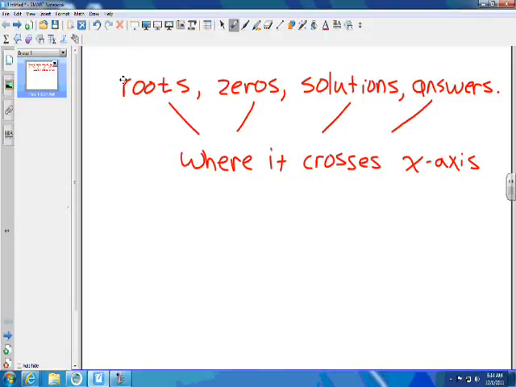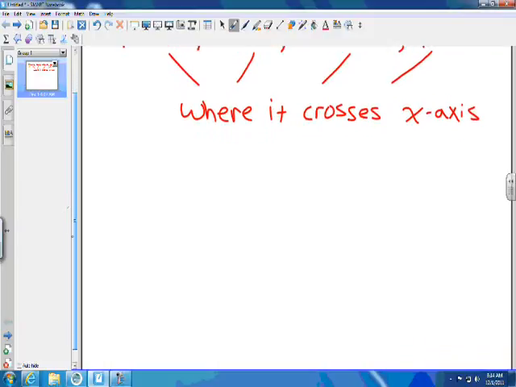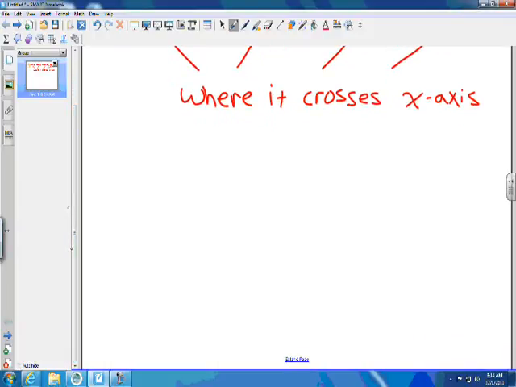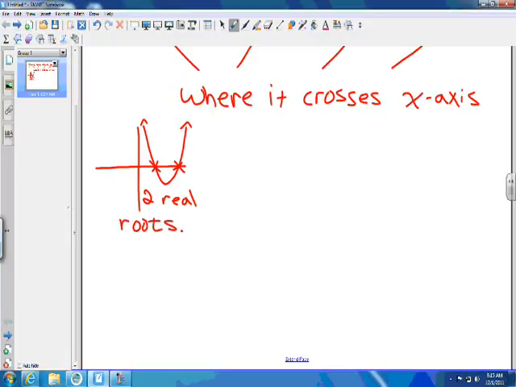Next thing to cover is at the top of page 247, your possibilities. Some of the ones that we graphed last time probably passed right through the x-axis twice. And there are two real answers there, or two real roots.